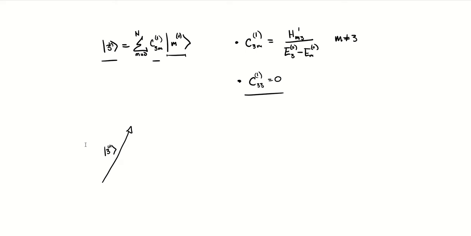Then I apply some small perturbation to my Hamiltonian that changes it, and it is no longer an eigenstate. We have to correct for that. To first order, that's just going to be a small rotation. It's going to pull it across by some correction, and the resulting corrected vector is going to be the same length.